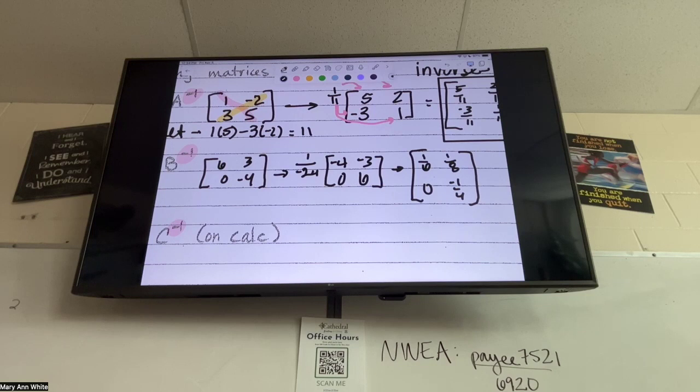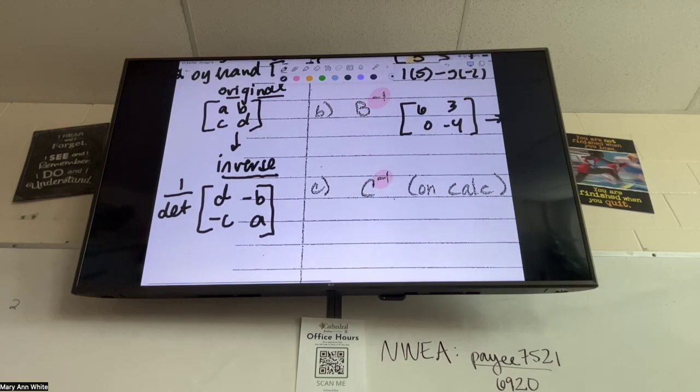How come the -3 doesn't move? The B and the C, those spots are the same spot, but they become negative.